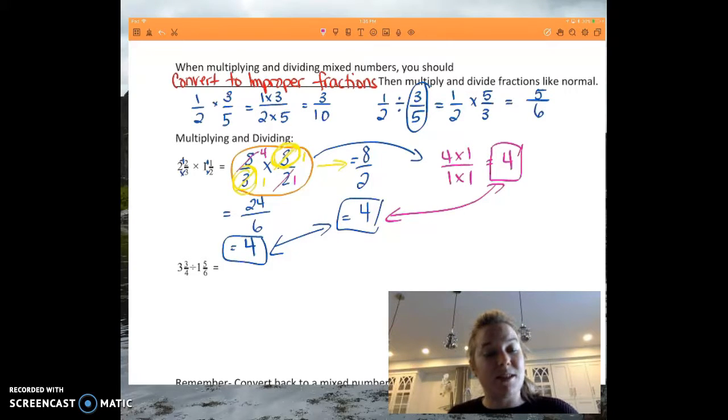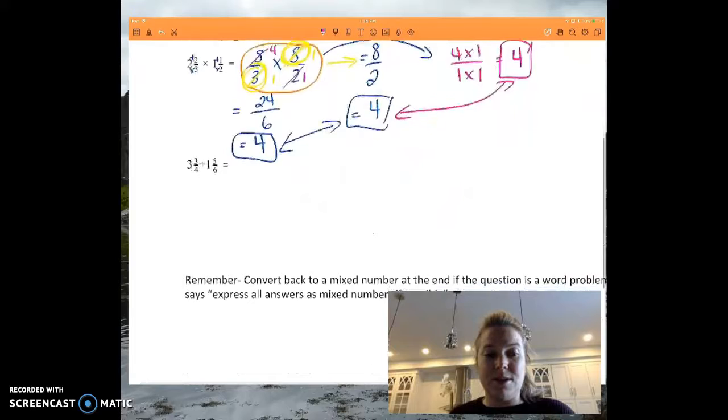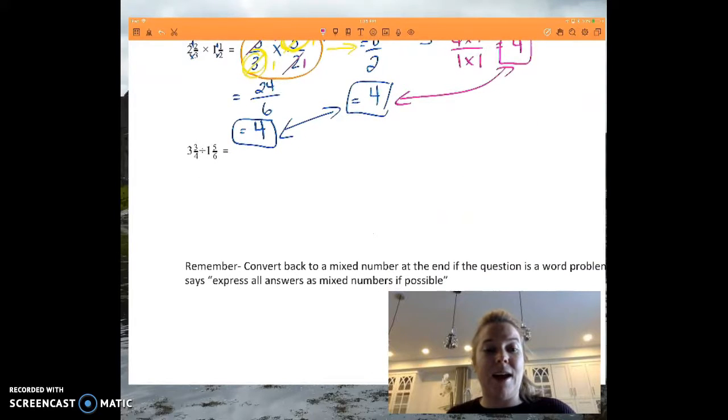So that's multiplying. Always convert back to the improper fraction first. If you don't, you'll never get the correct answer. In addition and subtraction, there's some wiggle room. In multiplication and division, there is none. Okay, so let's scroll down and take a look at the division question that I've given you here.